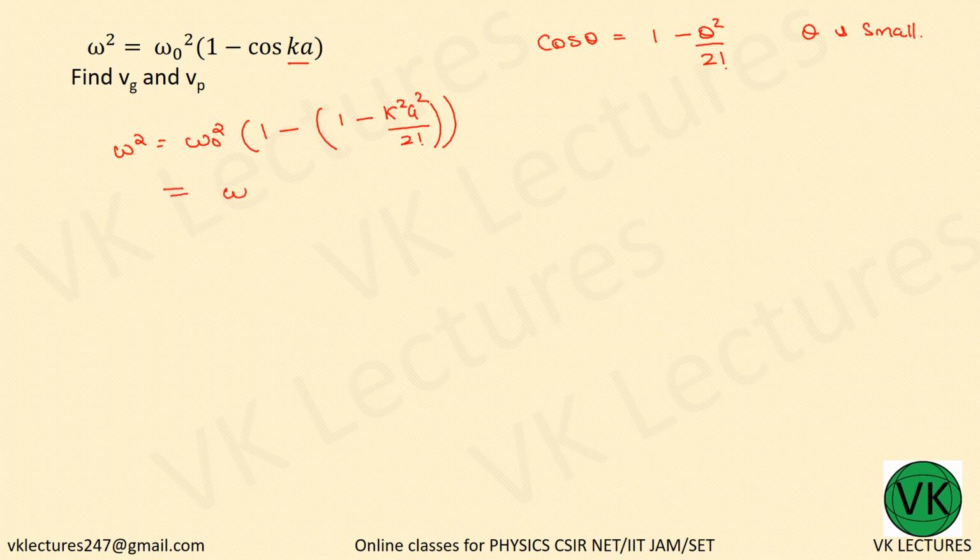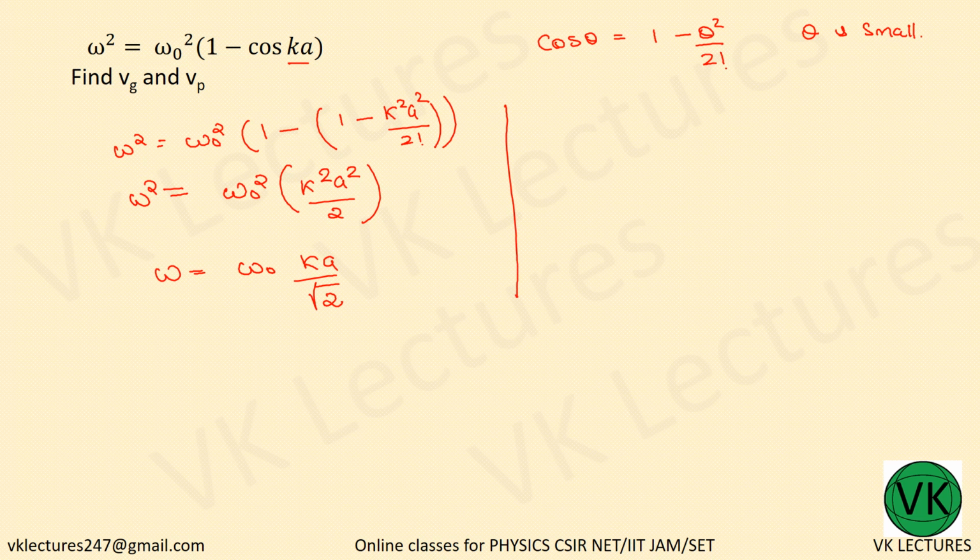After that, omega naught square into 1 minus 1, that becomes 0, so plus k square a square divided by 2, because 2 factorial is 2. Now this is omega square. You can write omega is equal to omega naught into Ka by root 2.